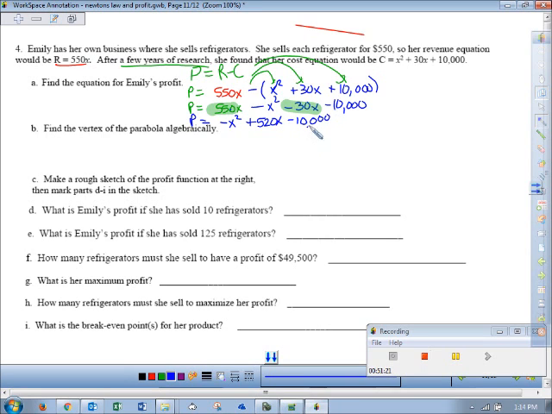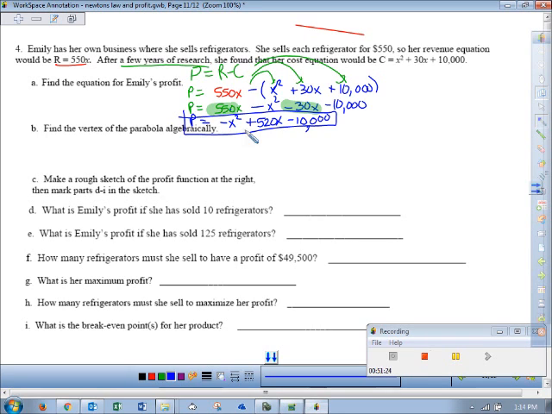This is the profit equation. Revenue minus cost. Cool? So I'll box that bad boy up. This is the guy we want to graph. Cool? It would be a nightmare to graph if you didn't find one point first.